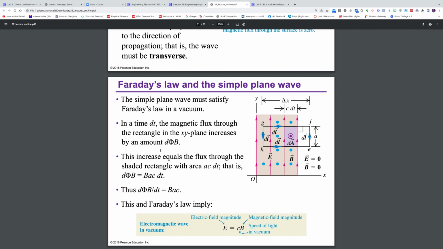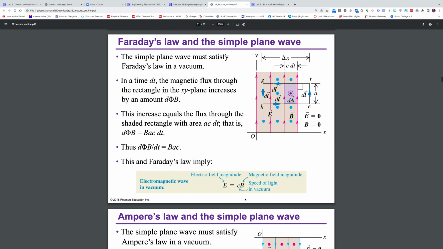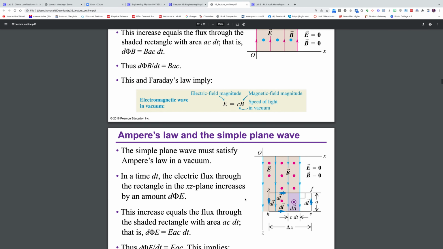Then we used the relation for the flux of the magnetic field and related that to the electric field. We concluded from that that E equals C times B. For electromagnetic waves in vacuum, the electric field magnitude equals C, the speed of light, 3.00 times 10 to the 8 meters per second, times B, the magnetic field magnitude.